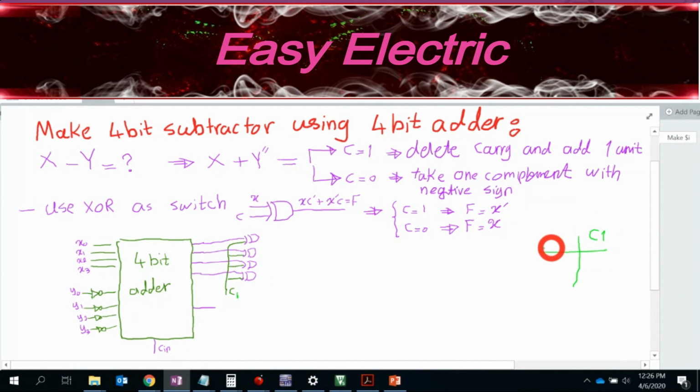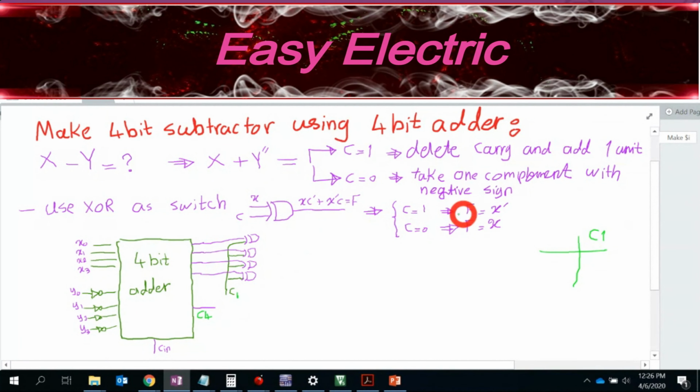You tell me which variables we have here. If I call this C4, who tells us whether this C1 should be 0 or 1? Definitely the carry that you have from X plus Y double prime, which is this C4, right?